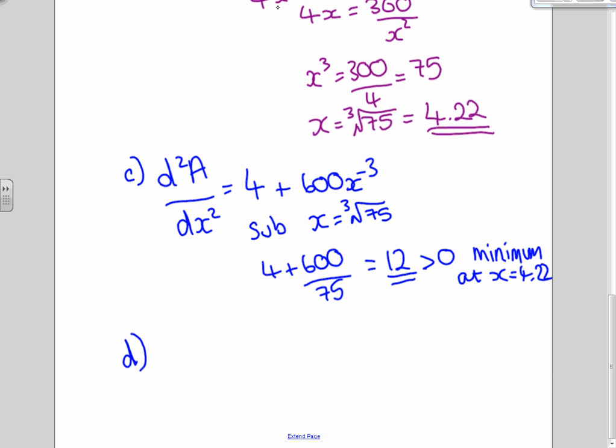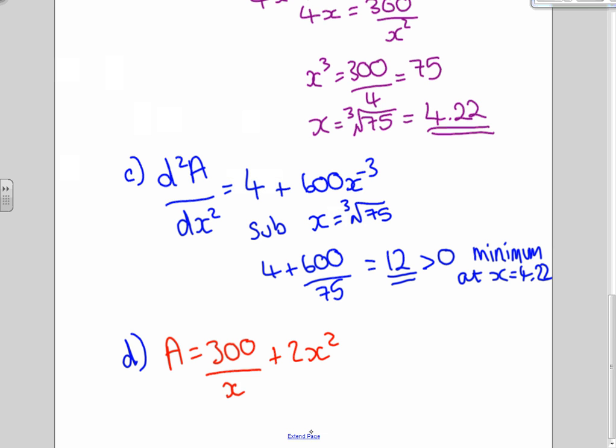So D, we're starting off with A equals 300 over x plus 2x squared.